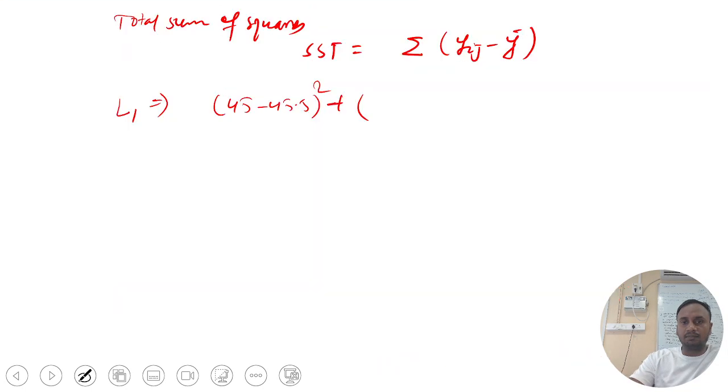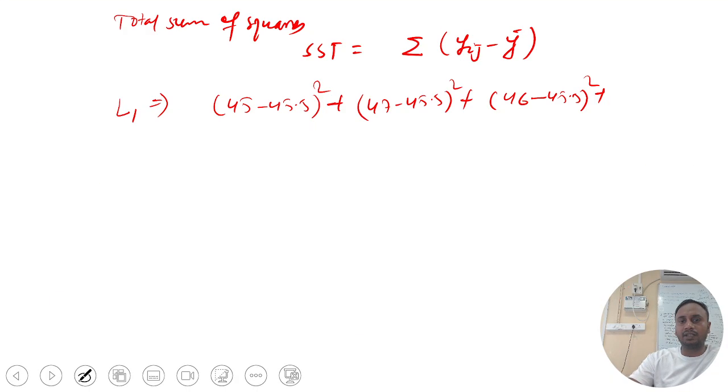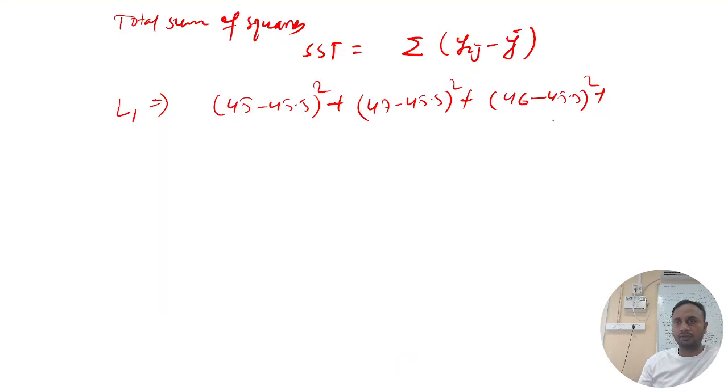Then we have 47, then 46, then 49, then 44. How much will it come?